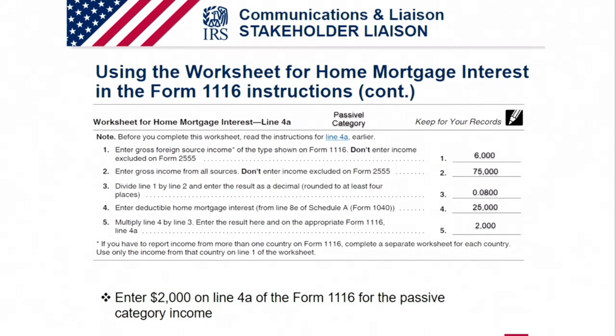Dividing line 1 by line 2, we get the apportionment percentage, 0.08. Total mortgage interest expense is $25,000. Multiplying that by the percentage, we get $2,000. And that goes on line 4A of the Form 1116 passive category.